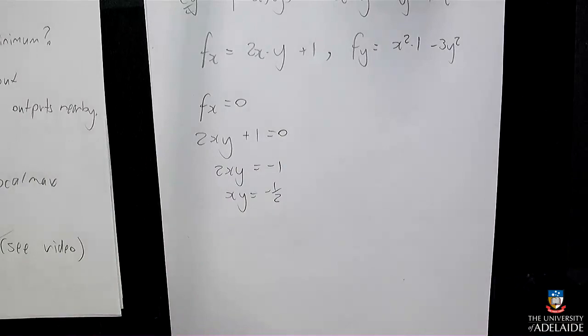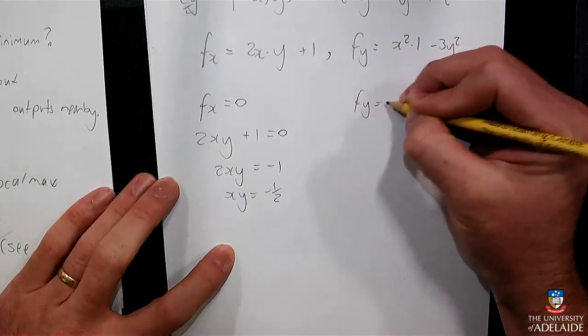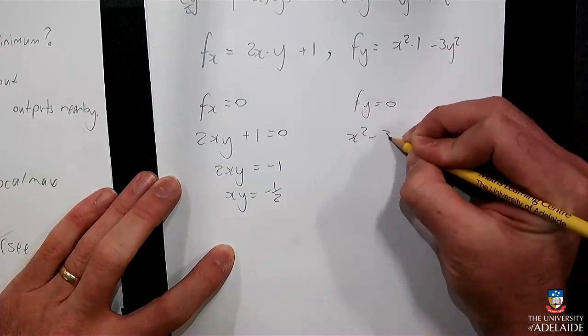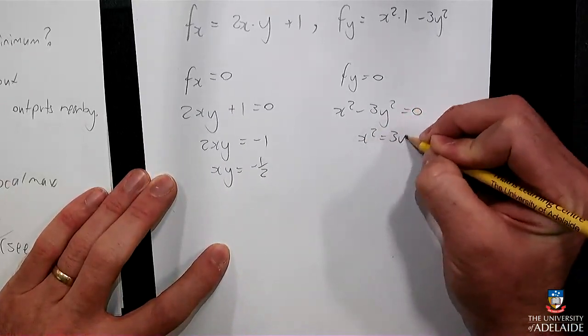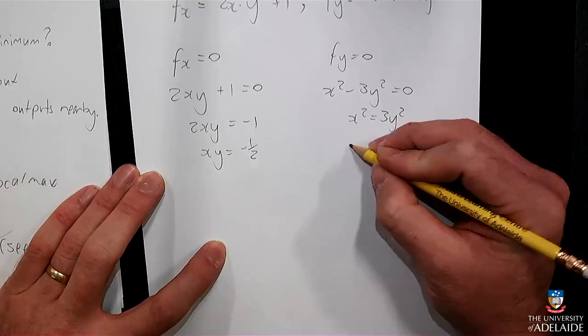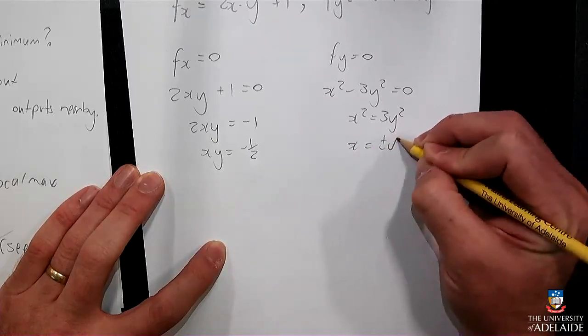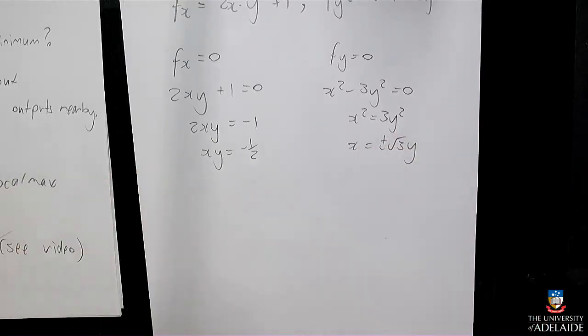All right, let's try the other one. So I need x squared minus 3y squared to be 0. So x squared is 3y squared. x could be plus or minus root 3 y, I suppose. I need the plus or minus because I could put positive or negative x's in there, so that would be okay.